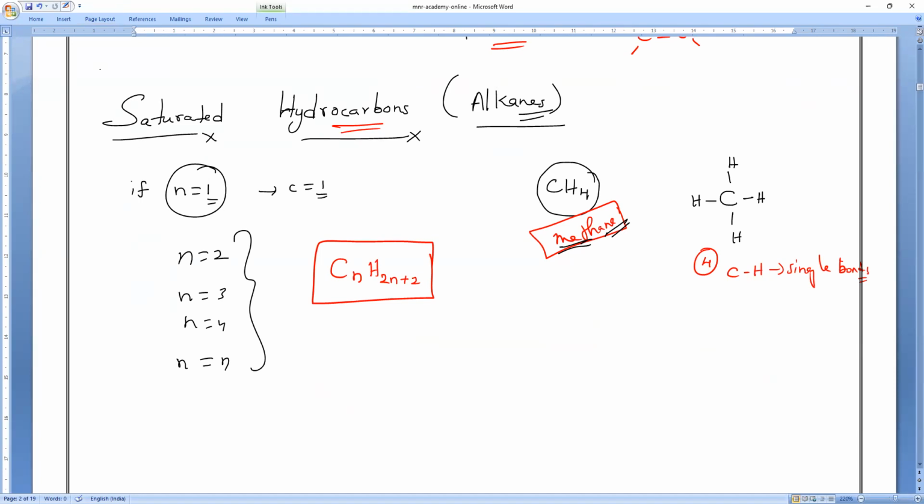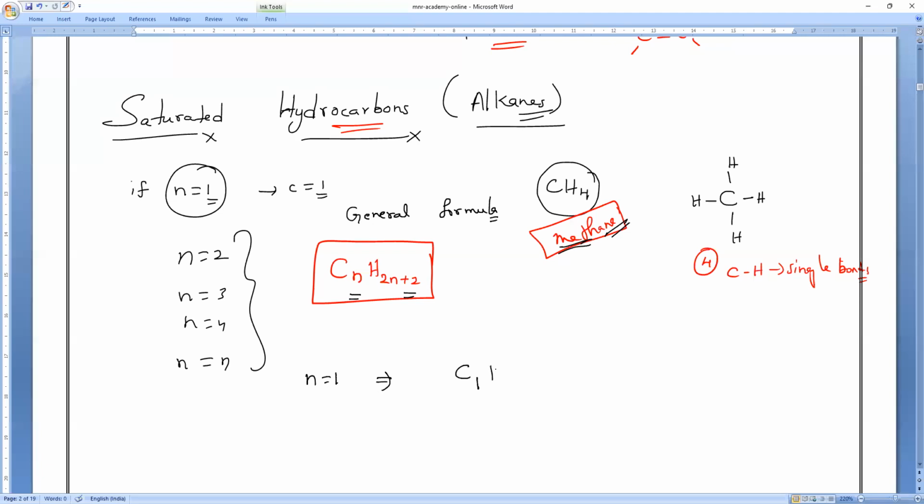Okay. So what is the general formula of alkanes, everybody? CnH2n+2. Write it. Now, n equals 1. If you substitute, what will happen?